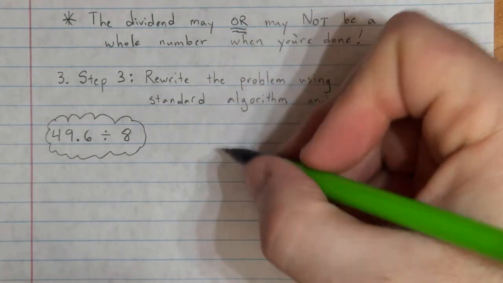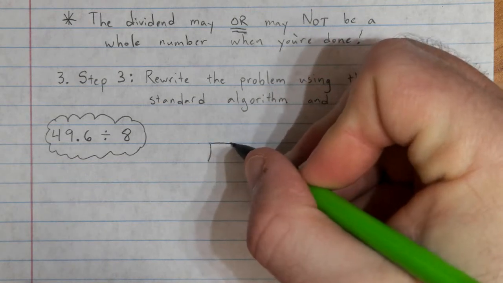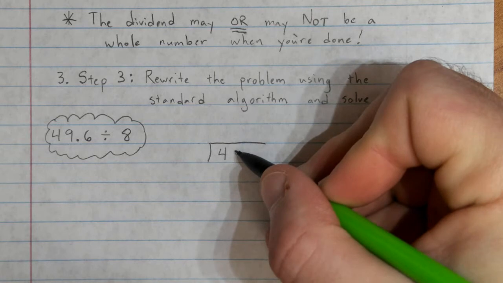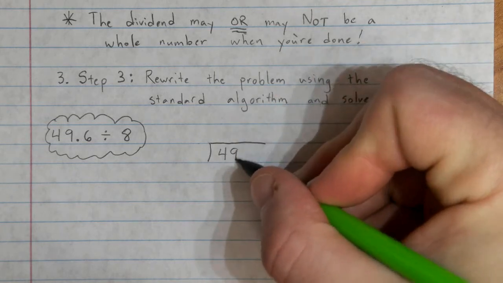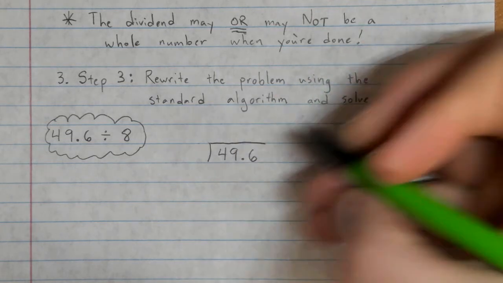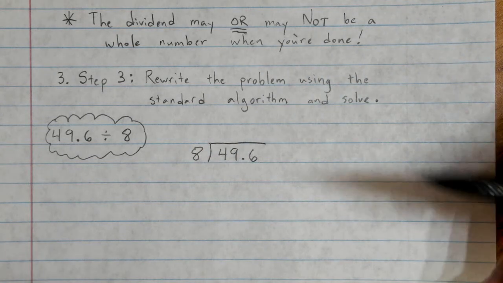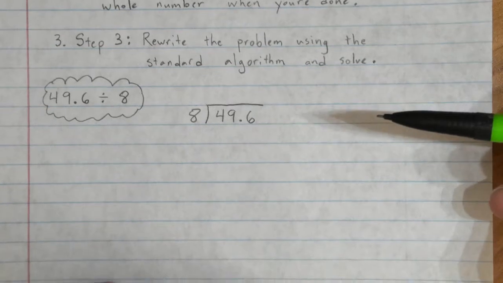Okay. And again, we'll go ahead, draw my division hut. Dividend goes inside, the new dividend, 49 and 6/10 divided by 8. From this point, the division is normal. It's what you're used to.